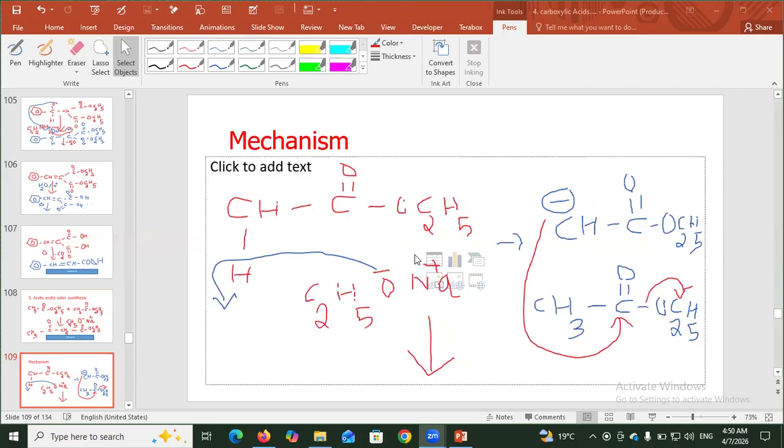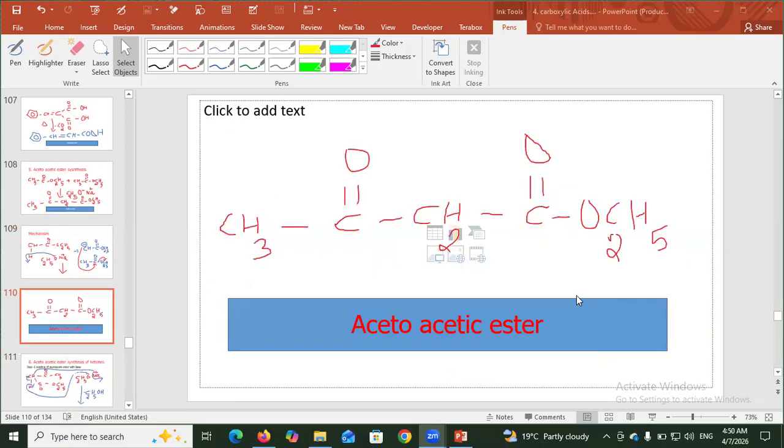Sodium ethoxide abstracts this hydrogen and produces this carbanion, which reacts with another ethyl ethanoate, produces acetoacetic ester.